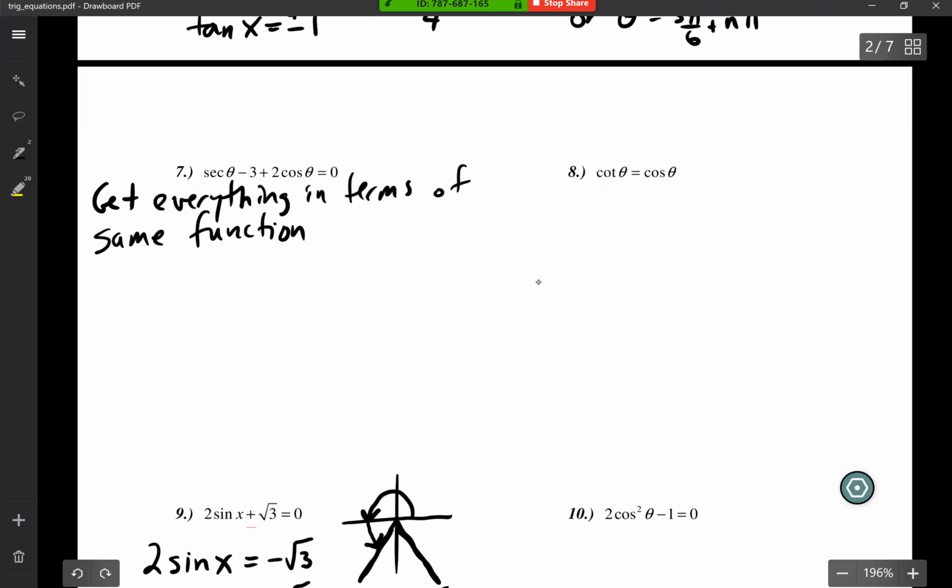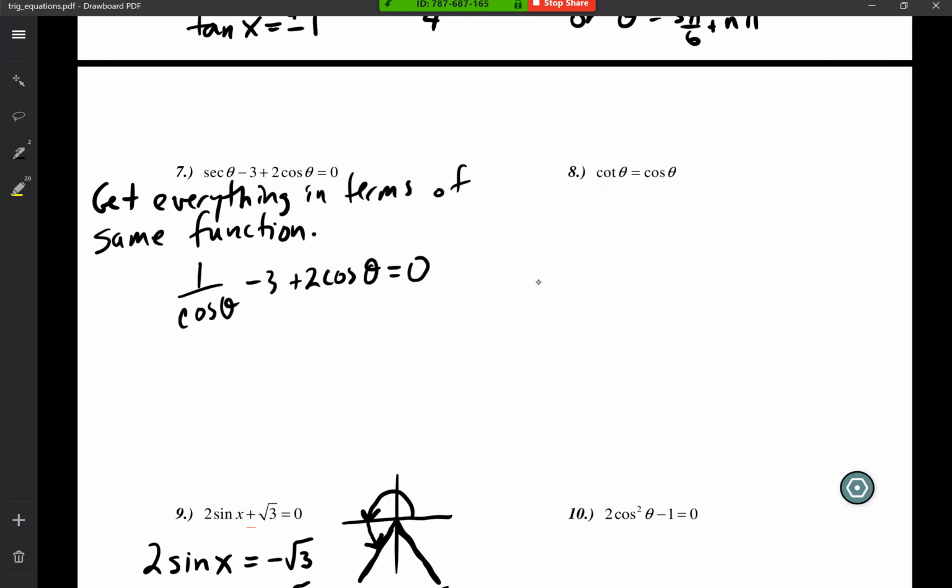Now this one's not too hard to do in this particular example because I just need to make secant 1 over cosine. So now I have everything in terms of the same function just by making secant into 1 over cosine.